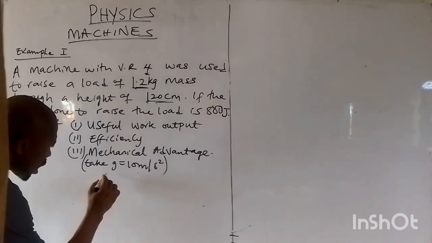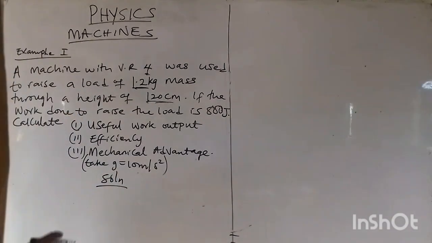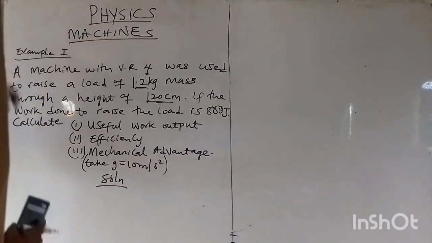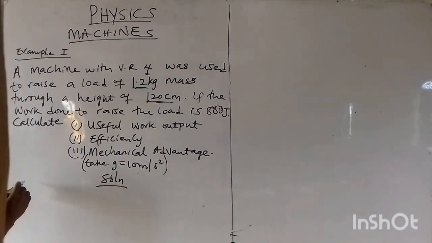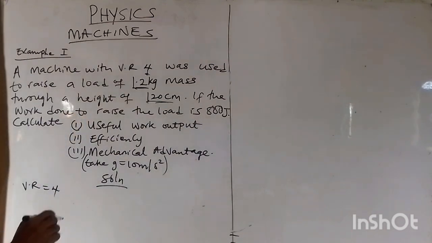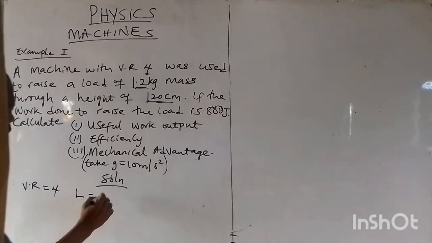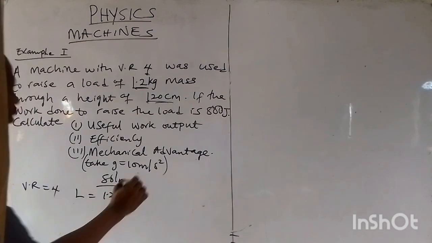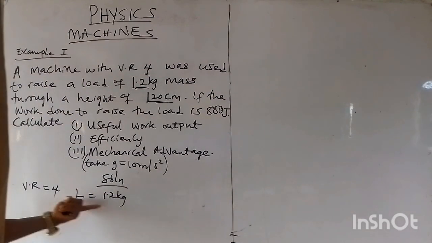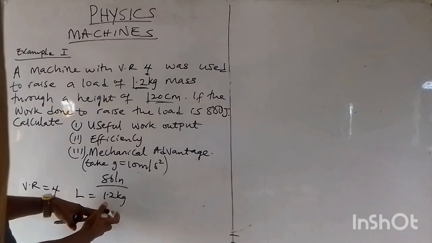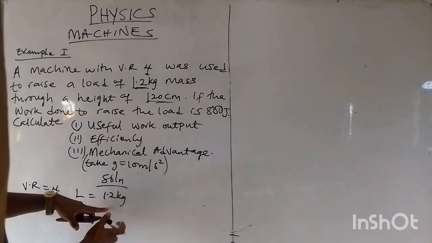Now, quickly we look at the solution. As usual, write out the parameters given. The velocity ratio is given to be 4. To raise a load, the load L is 1.2 kg. Since this is the load, it is given in terms of mass. All you need to do is put it in the actual SI unit.